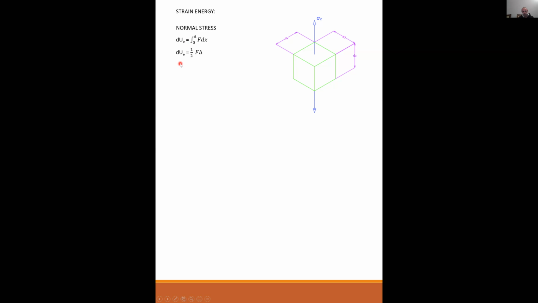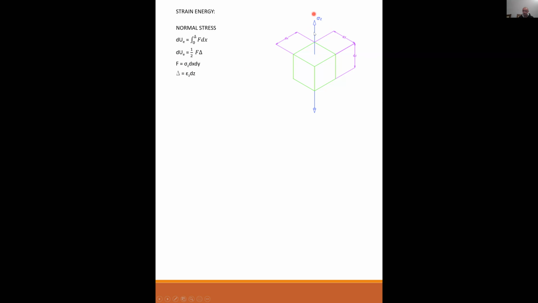From what we learned a moment ago, the external energy is equal to the average force times the deformation. So this came from the triangles that I just explained. But the force is equal to a stress times area. So the stress is sigma z acting over an area of dx dy. And the deformation is equal to the strain epsilon z times dz.